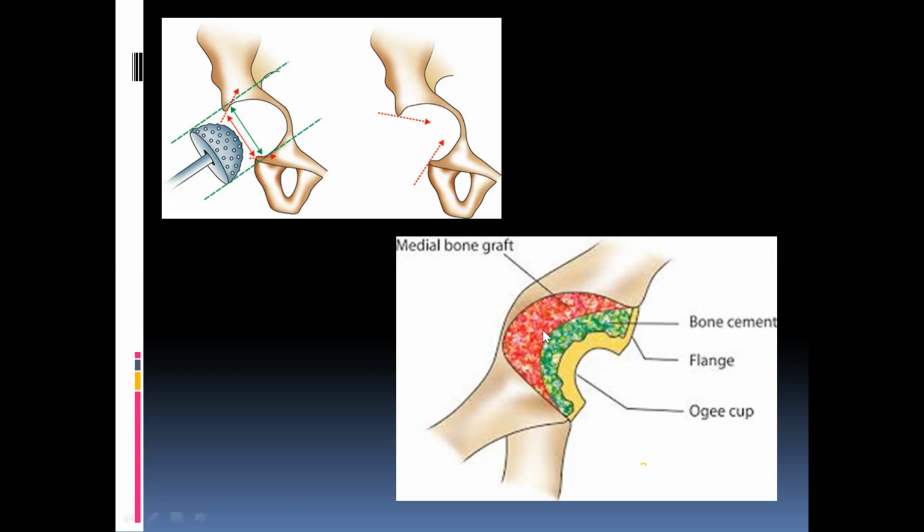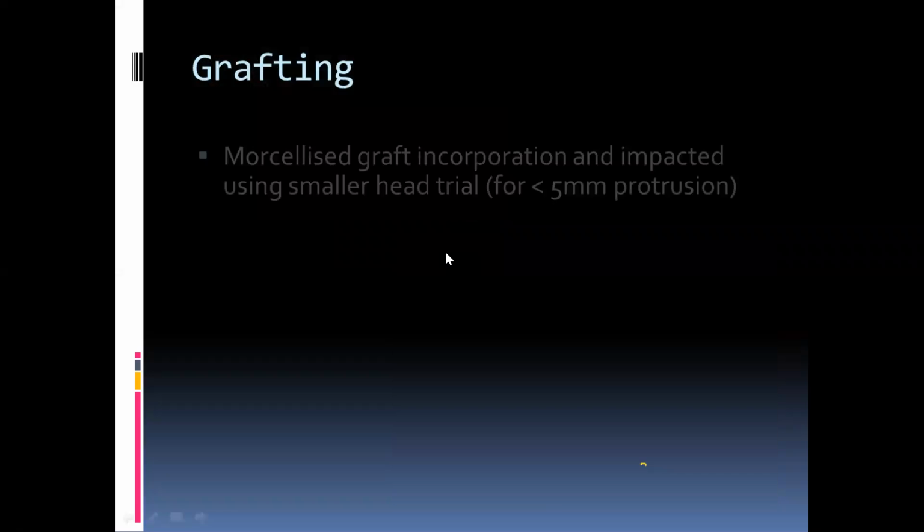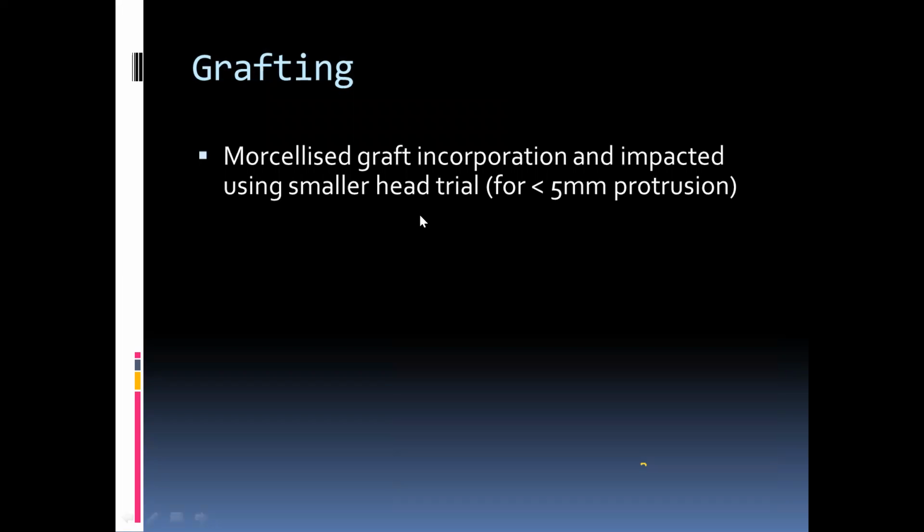This picture below shows the medial graft, and we will take it into consideration, and there are principles for how to put it with the bone cement and a flanged cup. So grafting first is the simpler one, the morselized graft incorporated inside the medial wall with the smaller head pushing.